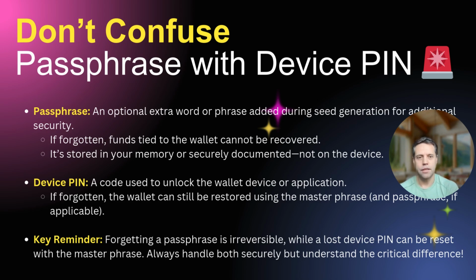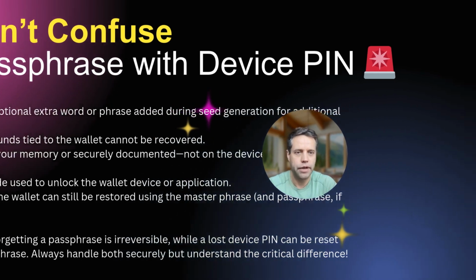Basically, forgetting the master passphrase is irreversible, right? If you lose access to your private keys and you don't have your master passphrase, that's it. Funds are gone. But if you still have the master passphrase but lost the device pin that protects just the private keys, then you can reset the entire wallet, right? You can even use the same hardware, just reinitialize it from scratch using that master phrase.